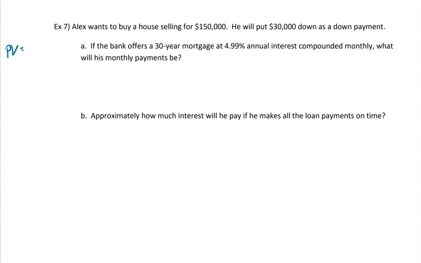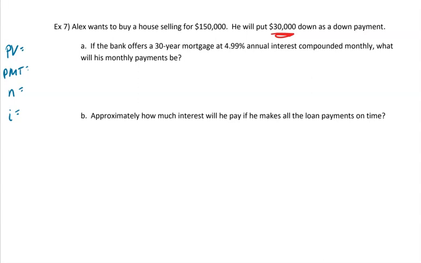So we're going to start by doing PV, PMT, N, and I off to the side. And that down payment part is going to affect our PV. So if the house costs $150,000, but he's already put $30,000 down, then that means you're not actually going to be taking out a loan for $150,000.